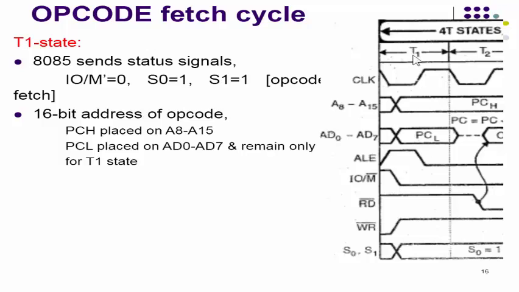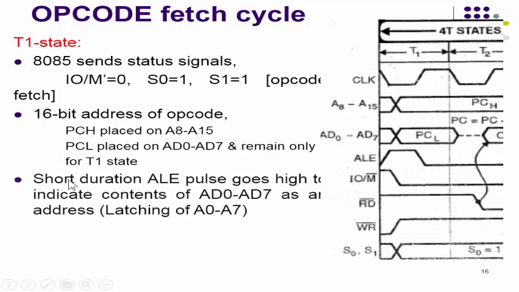So PC higher is placed on A8 to A15, and the lower order address of the program counter is placed on AD0 to AD7, and this program counter lower remains only for the T1 state.